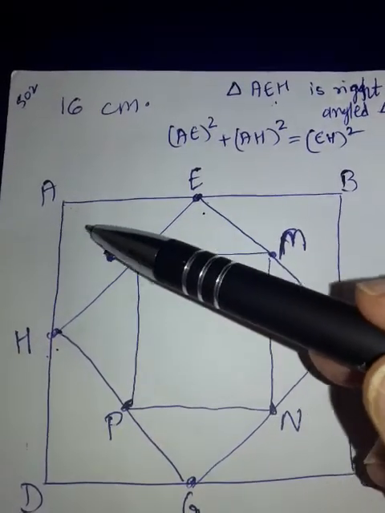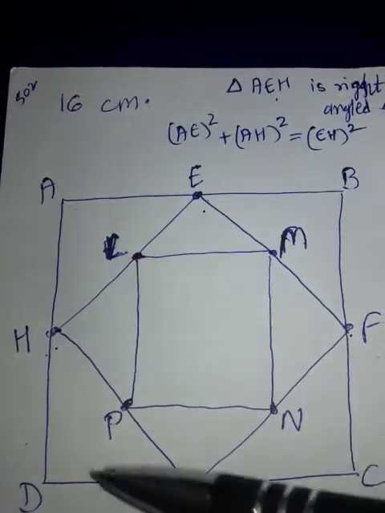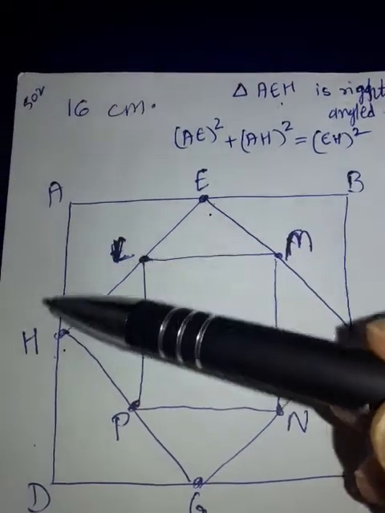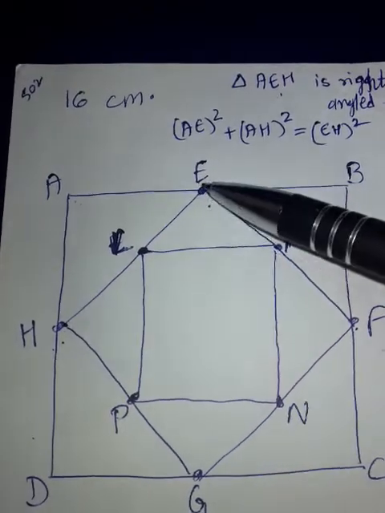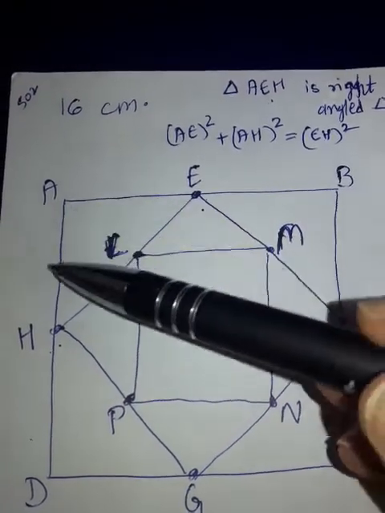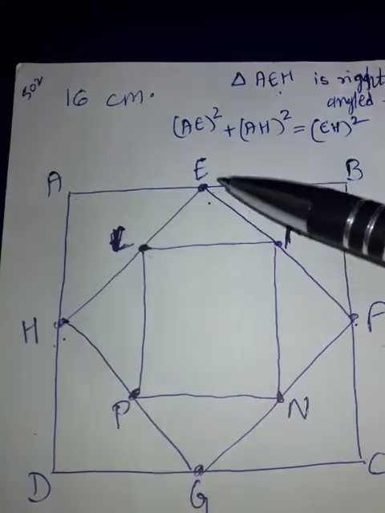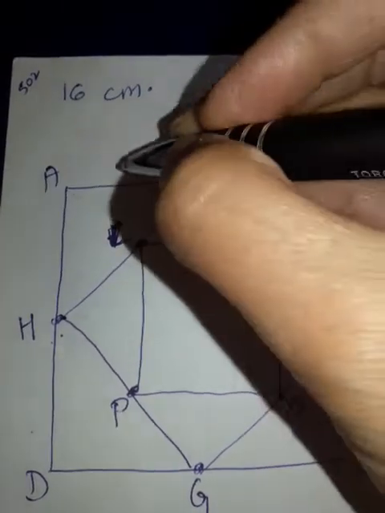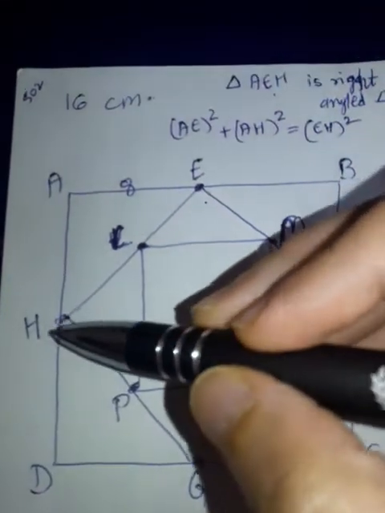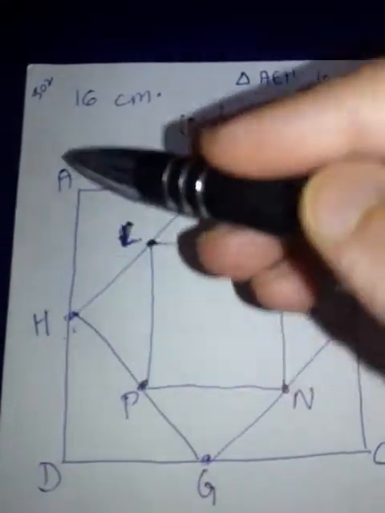See, this is a right angle because this is the outer square. That means this is a right angle triangle and this is the hypotenuse. Am I right? And what are these sides AE and AH? E is the midpoint of AB, that means AE is 8. H is the midpoint of AD, so AH is also 8.